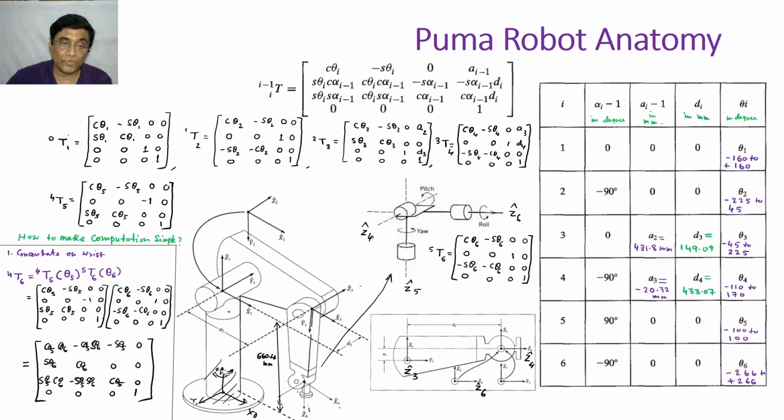Since it's a rigid body, I can put my Z0, X0, Y0 perfectly aligned with frame 1, but attached with this, and I can get any point's position vector when all the transformation matrices are given.